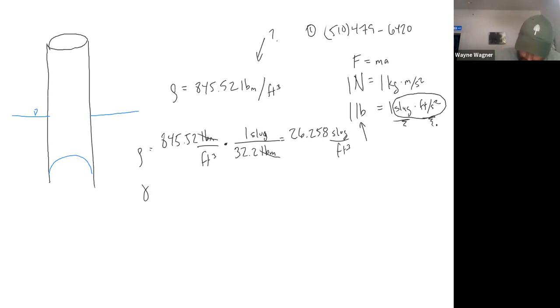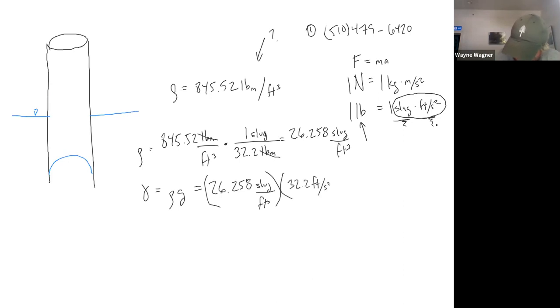Now if we want gamma, I can do rho, density, times gravity. So 26.258 slugs per foot cubed, and now we're going to multiply that times gravity, which is 32.2 feet per second squared.